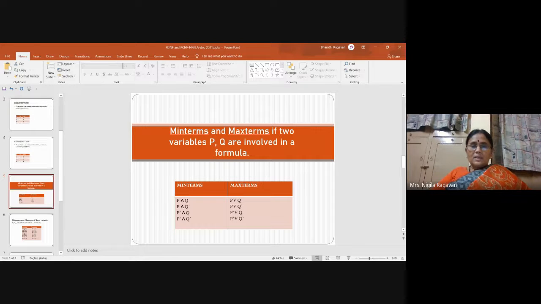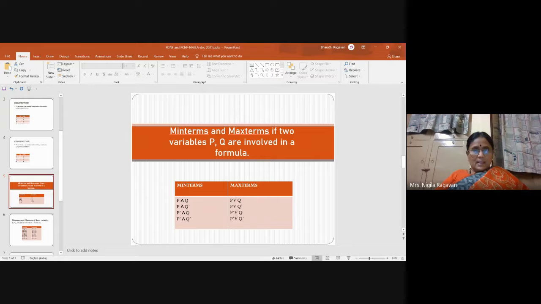So the min terms, when two variables are involved, are P cap Q, P cap Q dash, P dash cap Q, P dash cap Q dash. These are the four min terms when two variables P and Q are involved.